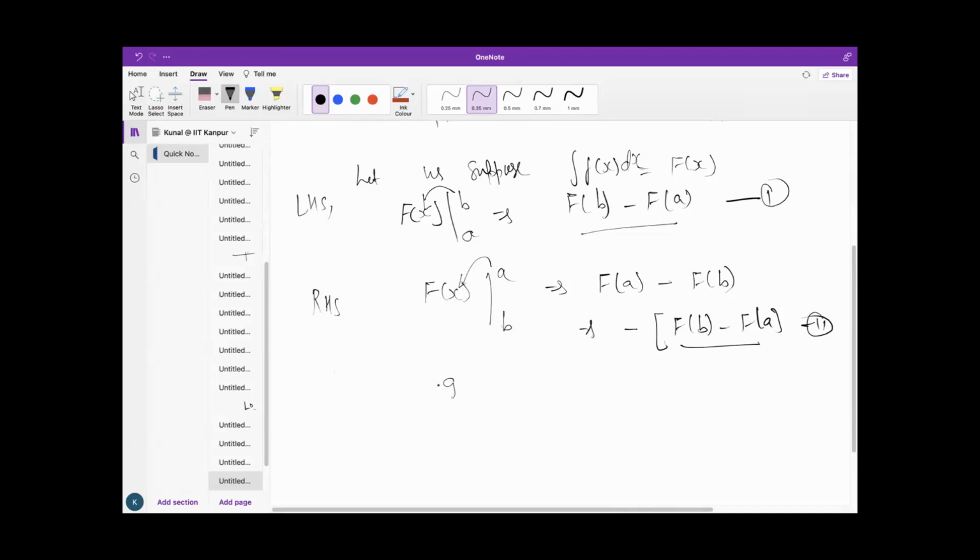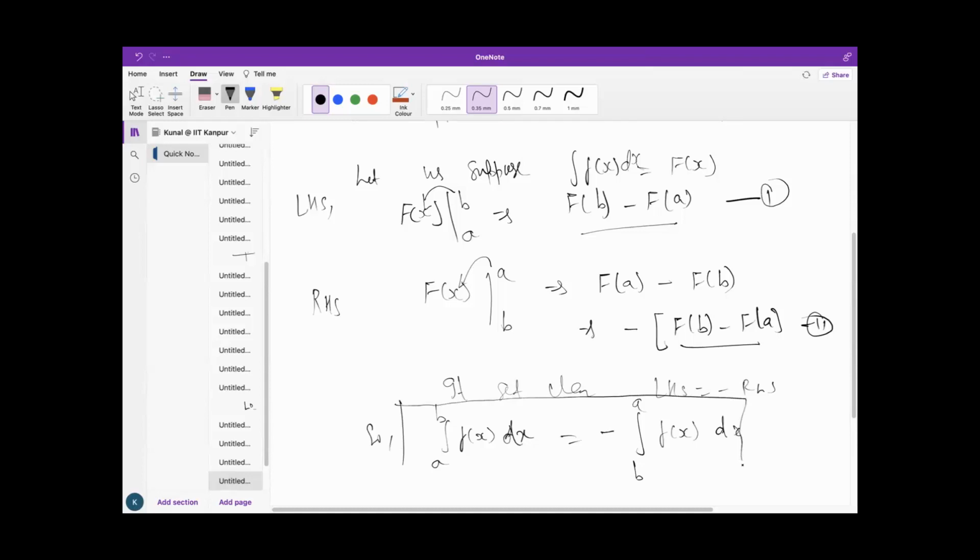So now it gets clear that LHS is equal to minus RHS. So the integration of fx dx from a to b is equal to the integration of fx dx from b to a, just with a negative sign in front. Proof.